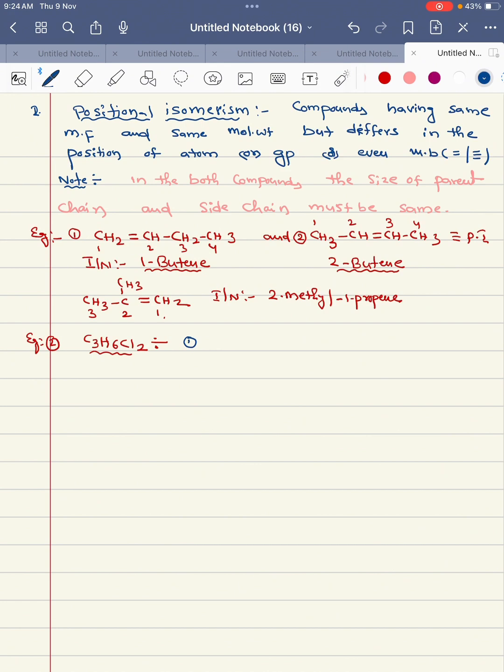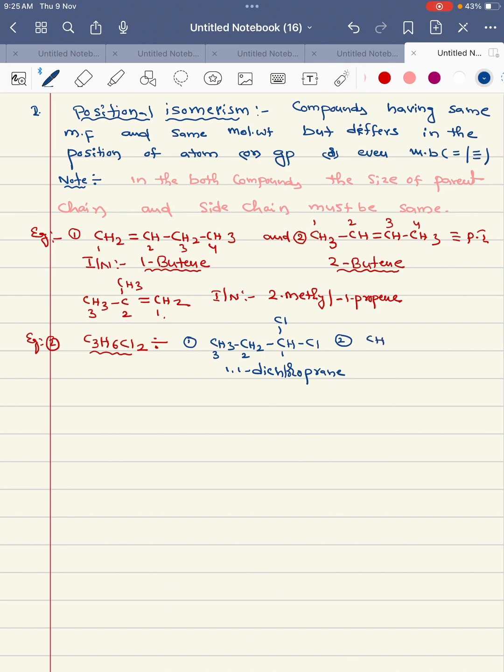The first one is CH3, CH2, CHCl2, where I keep both halogen atoms on the same carbon atom. Numbering is allotted 1, 2, 3. What is the IUPAC name? It is 1,1-dichloropropane.